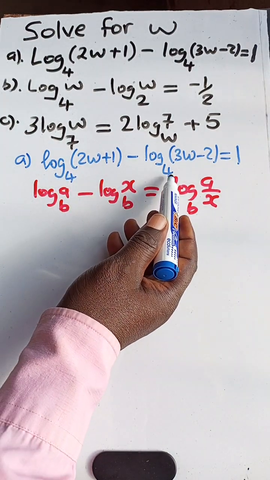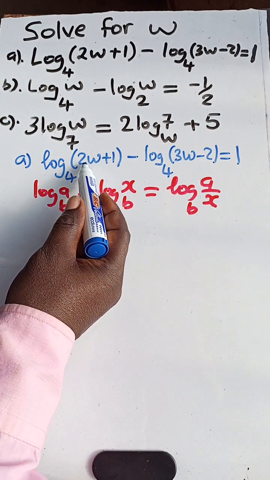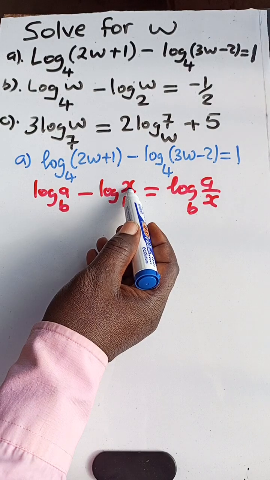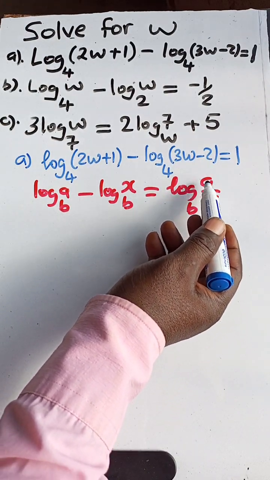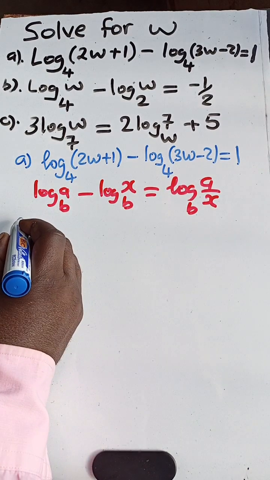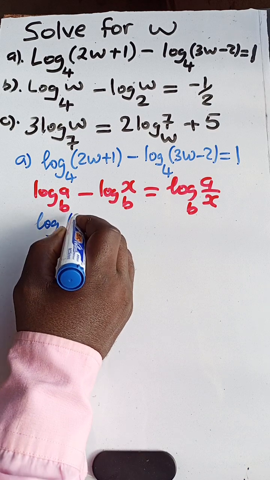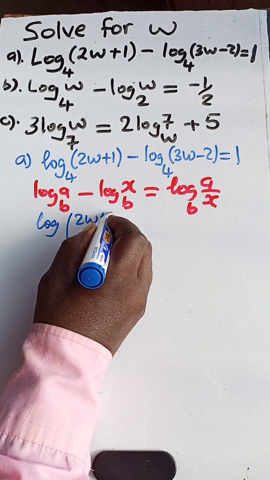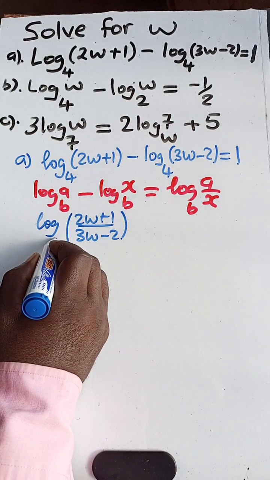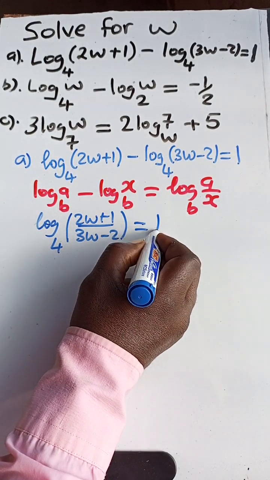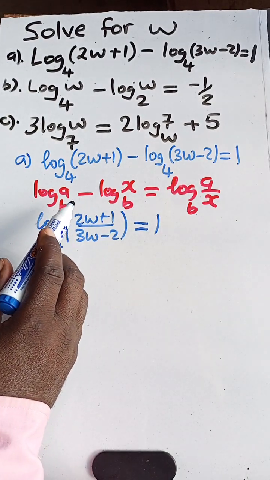Remember, the bases are the same, and then a here is the expression 2w plus 1. X here is the expression 3w minus 2. So let us write the left hand side in this form. We're going to have log of 2w plus 1 all over 3w minus 2, all to the base 4, is equal to 1, when we apply that law.